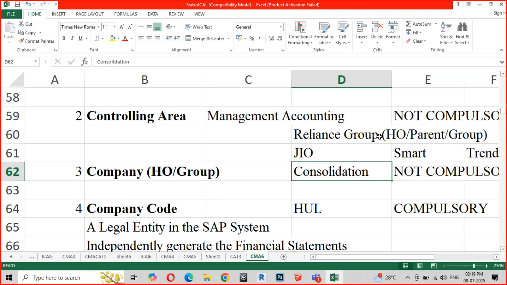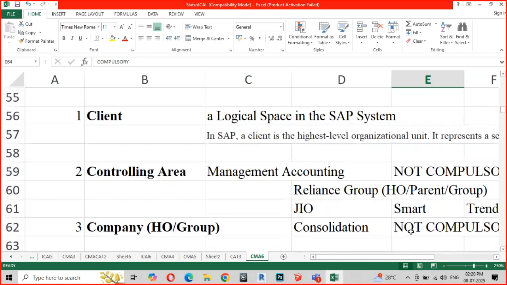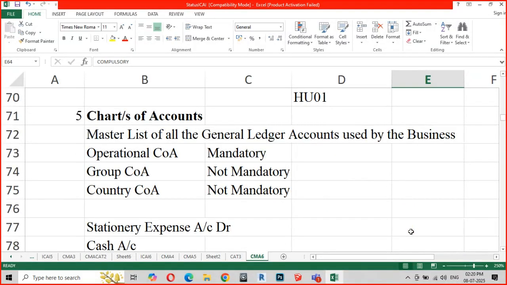Creation of a head office is not at all compulsory, but creation of a company code is compulsory. Same thing holds good for your chart of accounts also. Only when you have the mother and the child relationship do you have the group chart of accounts. Else, you do not have the concept of group chart of accounts.